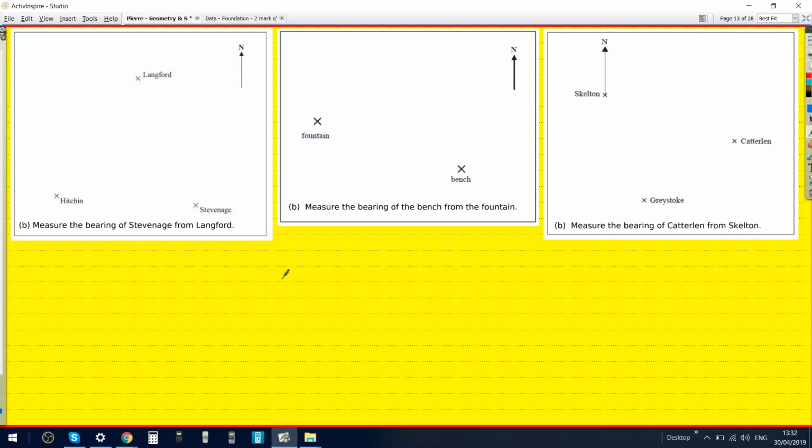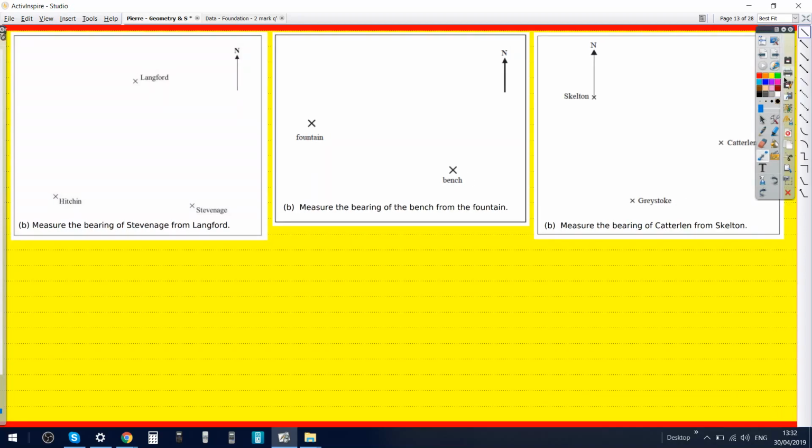God, I've completely forgotten this. So you join the points. Yeah, Stevenage to Langford. And then how do you do a bearing?